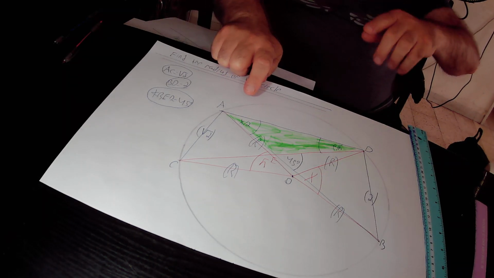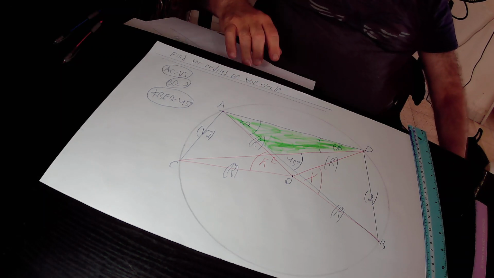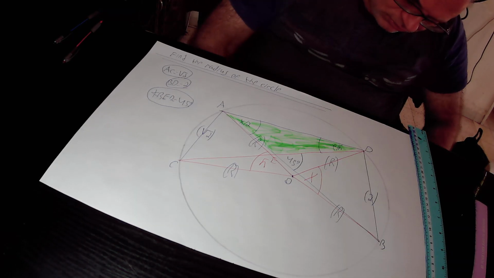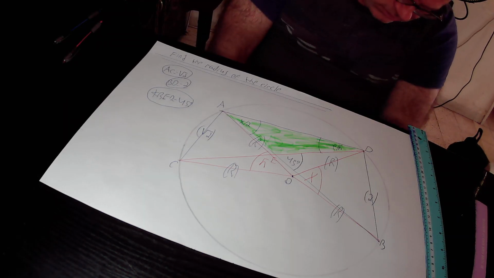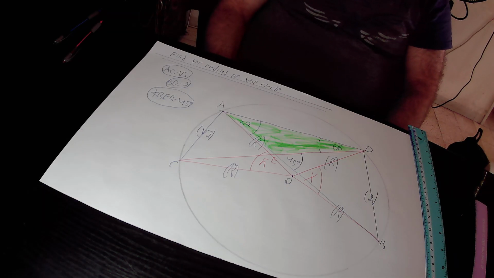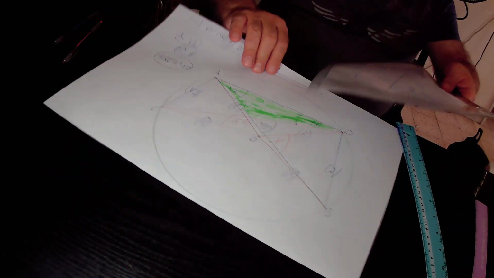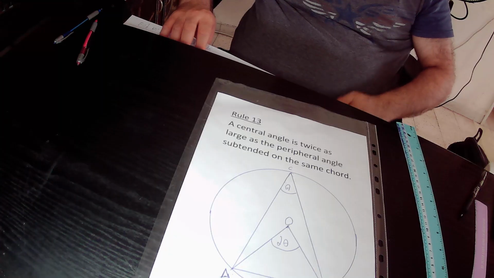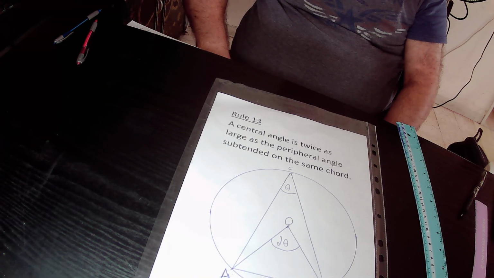So now we can implement rule 13. Let me quickly repeat rule 13. According to rule 13, the center angle is twice as large as the peripheral angle subtended on the same chord.